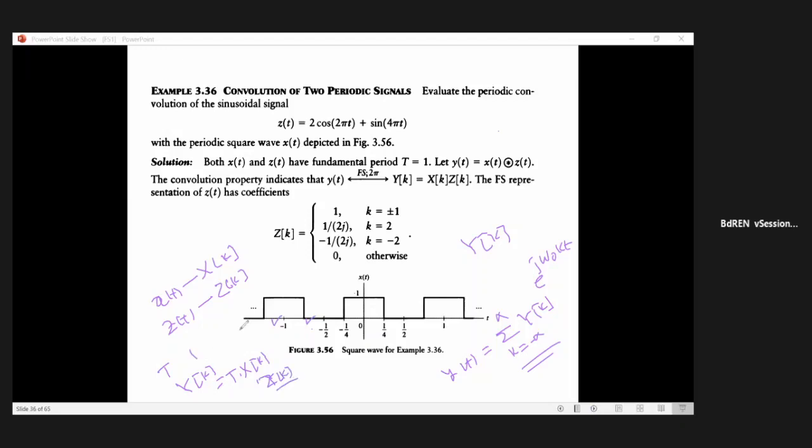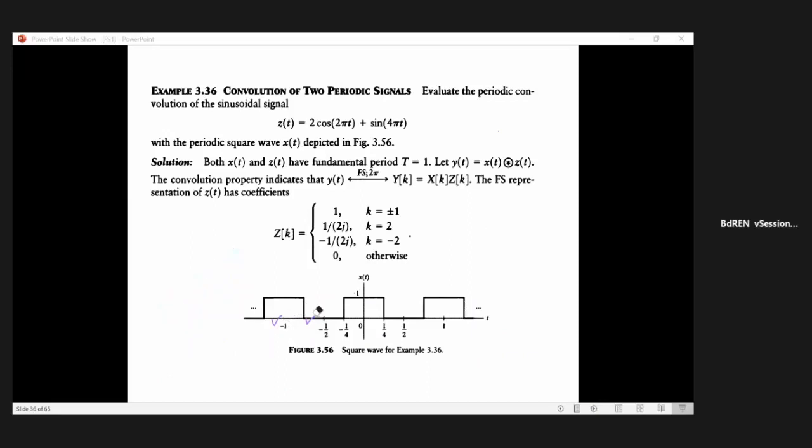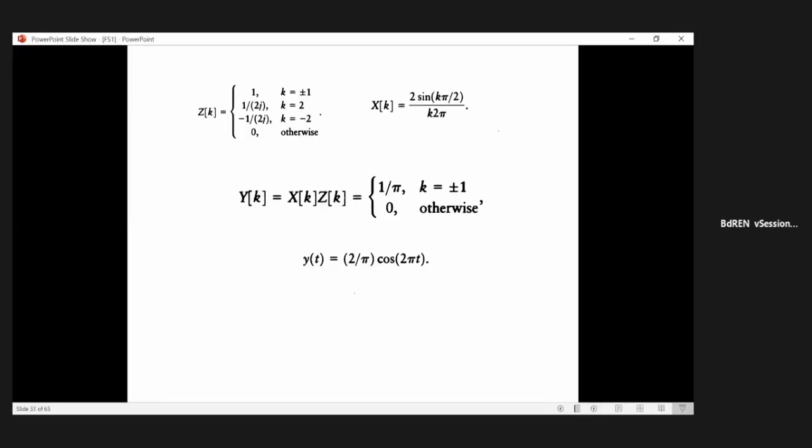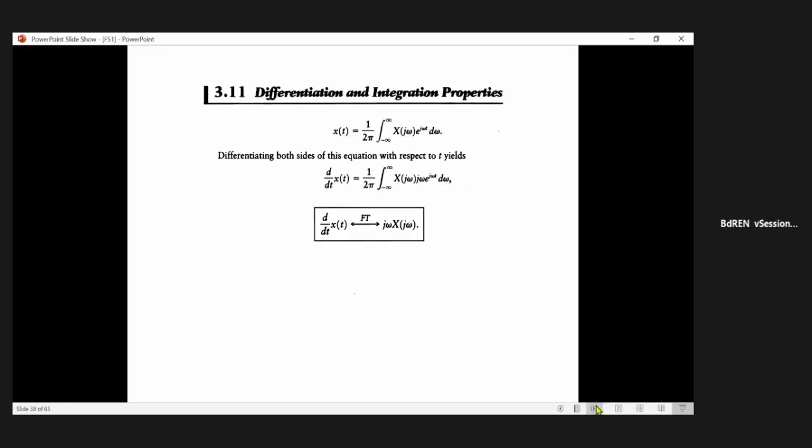Once your Y_k is available, you can again reconstruct your signal by using this reconstruction equation of the Fourier series. Again, your sum will be finite depending on how the magnitudes are changing with k. Then you can truncate the higher order terms with smaller amplitude. This example is illustrated here.